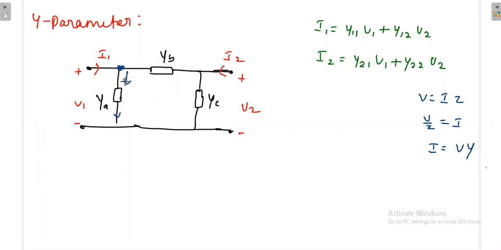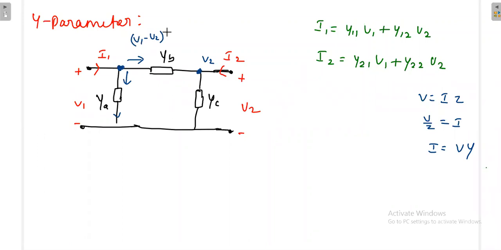So what is the current here? Because voltage V1 is directly applied to ya, the current here is V1 ya. Now, what is the current in this branch? First, see what the potential drop is. This node voltage is V1, and this node voltage is V2, so the potential difference is V1 minus V2.